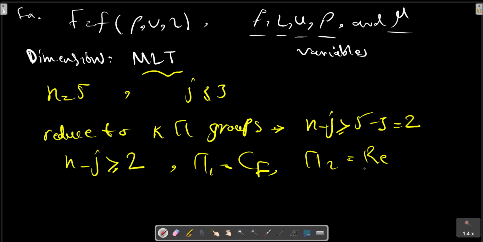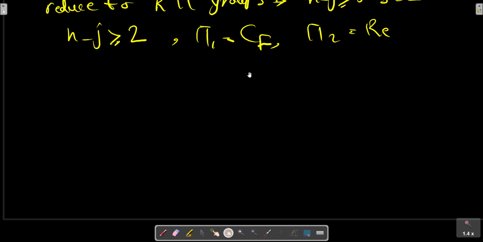The second part of the theorem shows how to find the pi groups one at a time. So let me write the second part of the pi theorem.